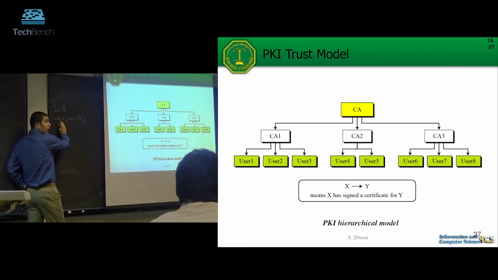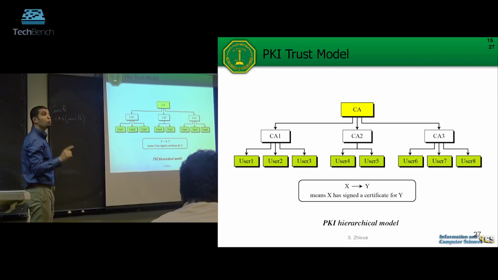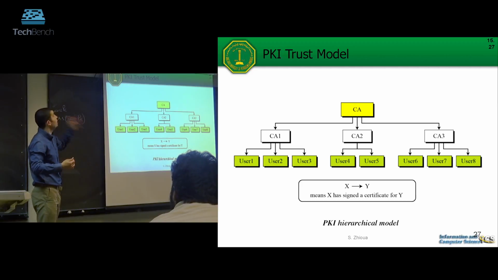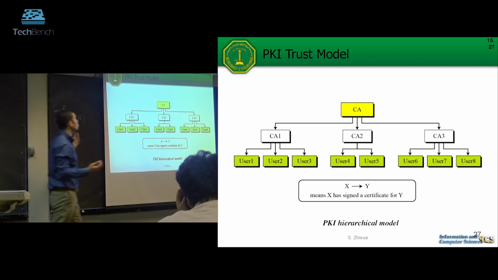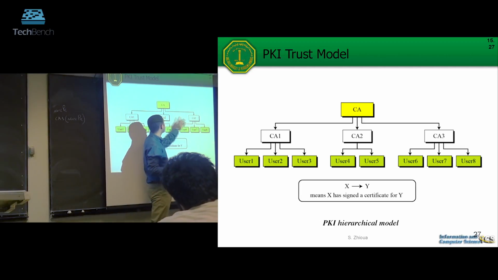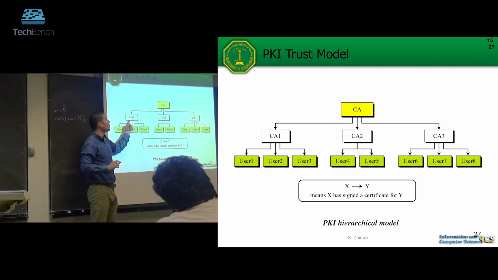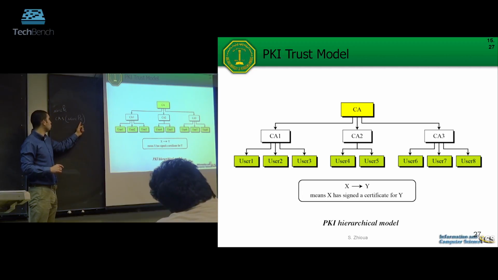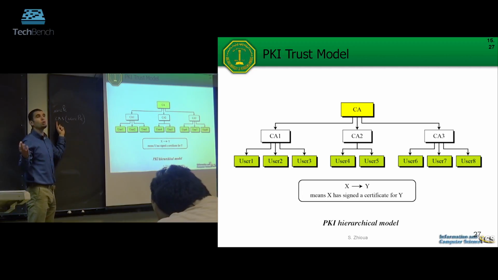Then it will not only send that, it will send all the certification chain. Here it's not enough. CA1 might not be known by user 7. Let's assume user 7 has just the public key of CA, the root, and doesn't have the certificate of CA1. If it receives some value certified by CA1, it will say, who is CA1?